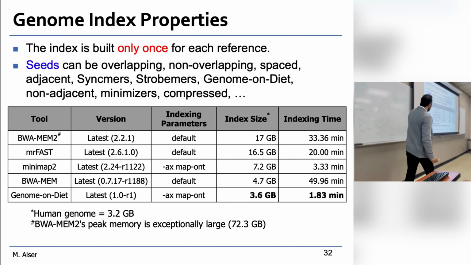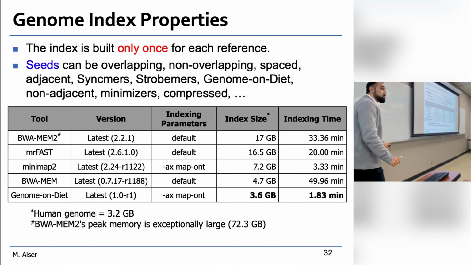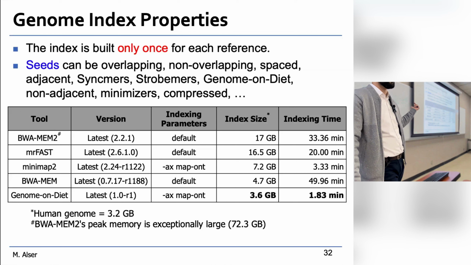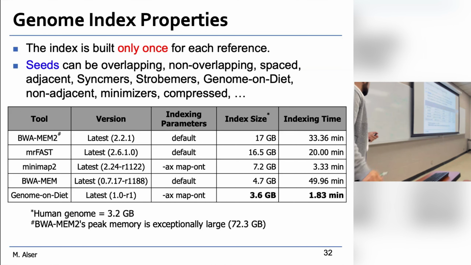Not only that, the peak memory is 72 gig. The peak memory is the main memory I need for the machine to run that algorithm. So that is what I'm going to store, which is the hash table, but to build that, the software itself needs a main memory of 70 gig.